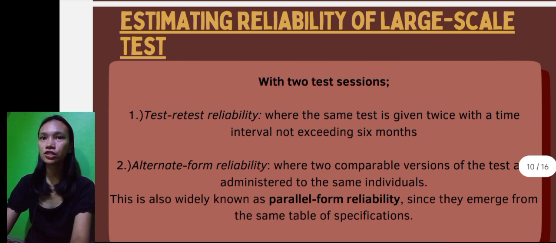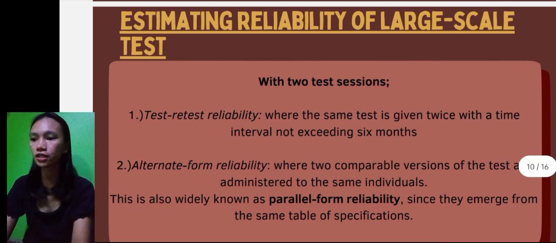This test-retest reliability is particularly useful for measuring constructs that are expected to remain stable over time, such as intelligence or personality traits. However, if the test is meant to measure something that may change over time, for example, mood, a longer interval between administrations could introduce variability unrelated to the test itself.